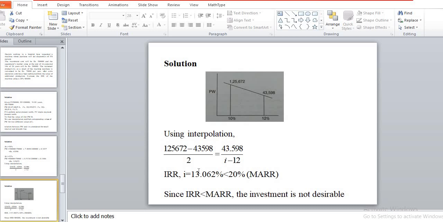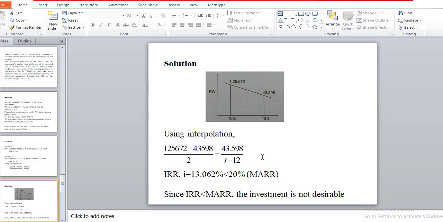Now again, this subtraction is for the interest rate I minus 12, and here also there is a subtraction for the present worth values. At I% the present worth value is 0, so the subtraction of 0 and 43,598 becomes only 43,598.